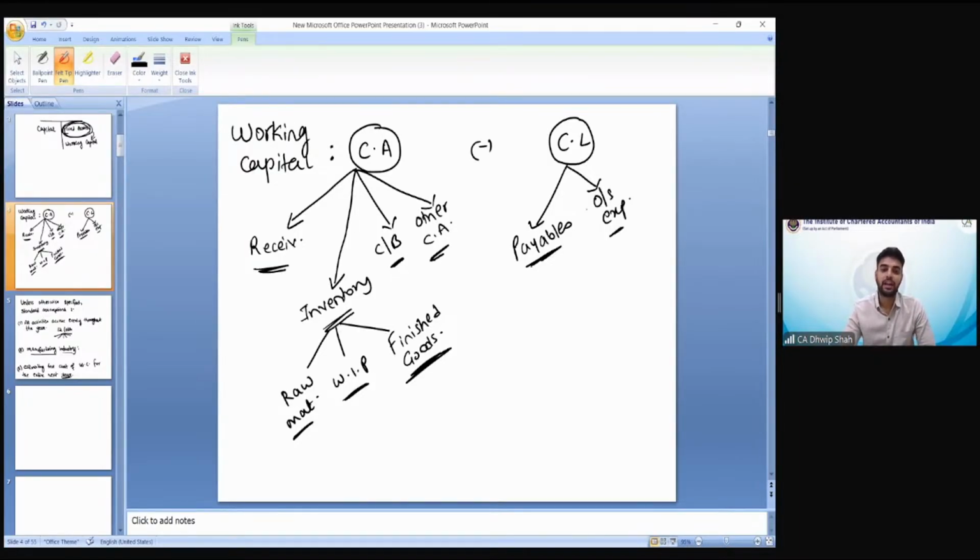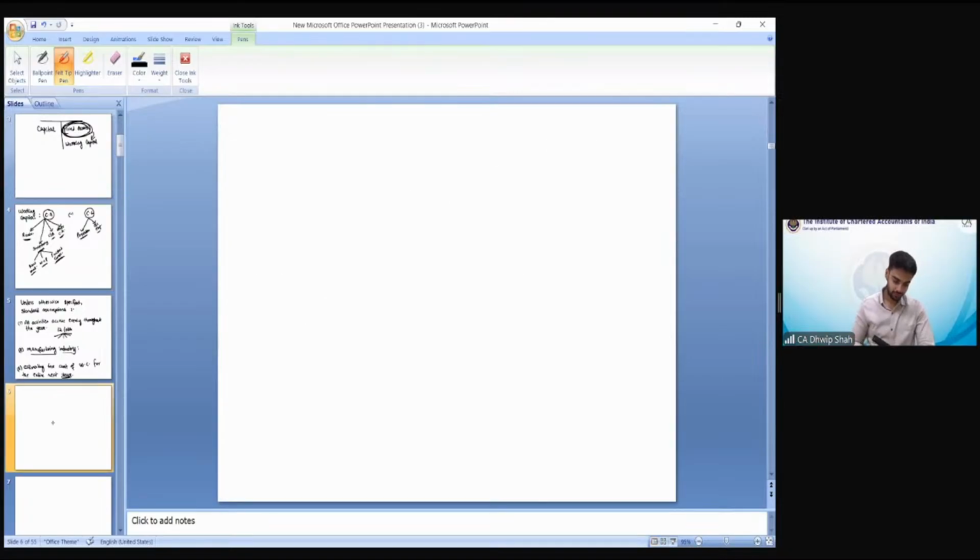Okay? So let's understand the format of working capital, how to solve, how to estimate, how to calculate it in a format. Don't make such arrows. This is a very unorganized approach. We have to follow a professional way of solving.